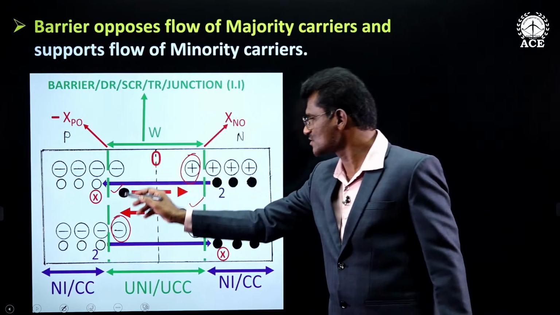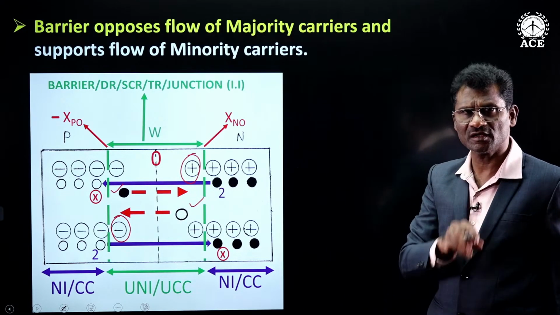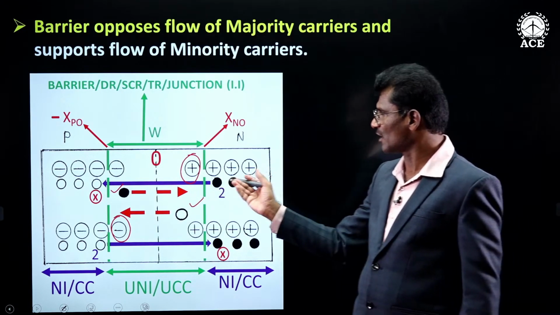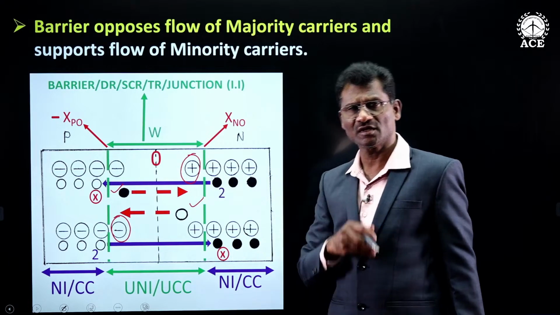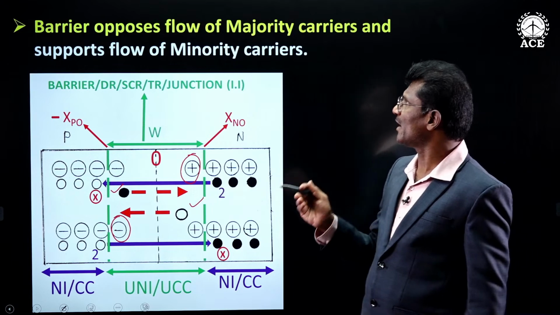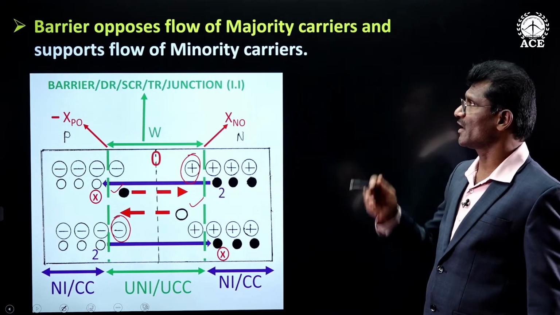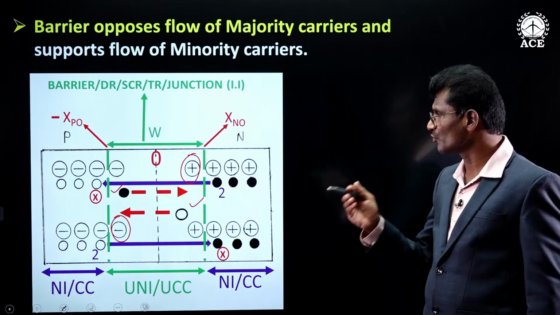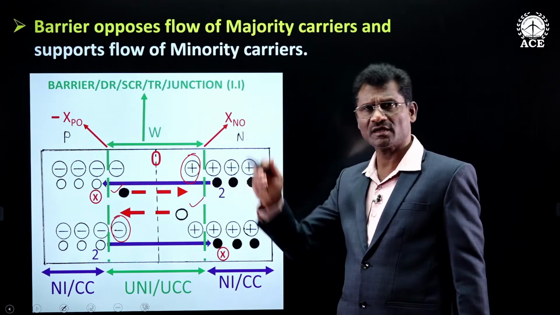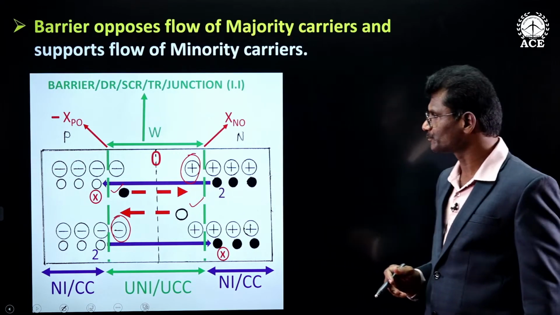So the ions existing inside the barrier are supporting the flow of minority carriers, but they are opposing the flow of majority carriers. So that is the meaning of the complete statement. Barrier opposes flow of majority carriers and supports flow of minority carriers.